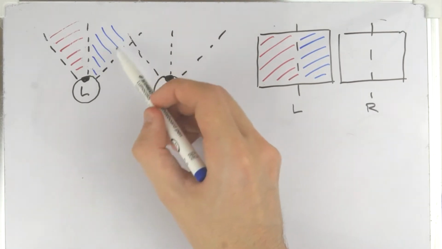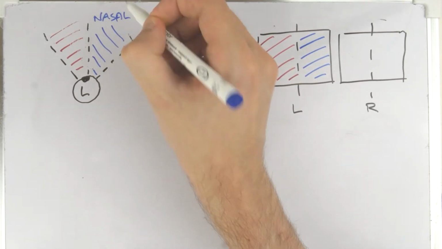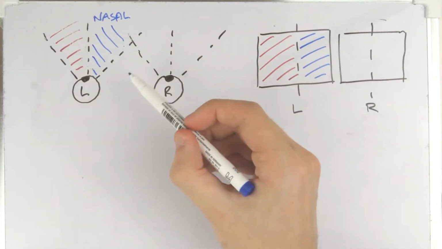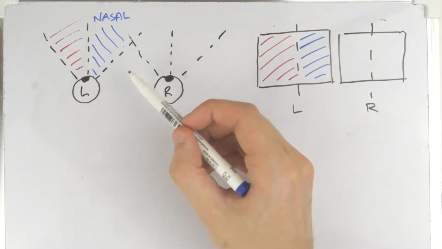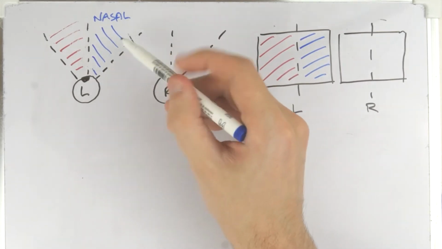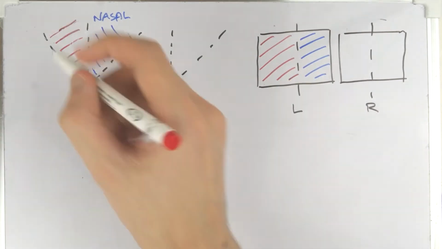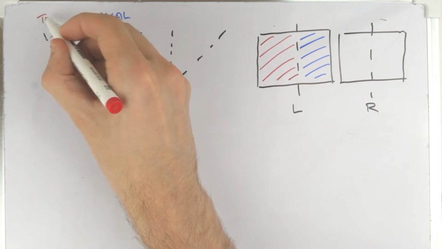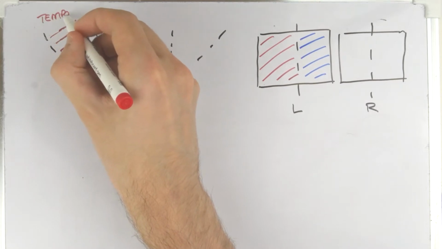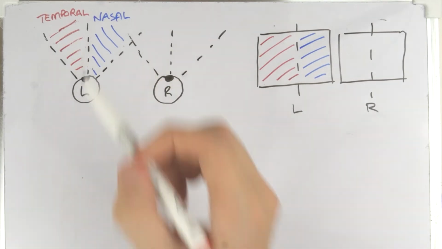So this blue one over here is what we call the nasal visual field, because between your two eyes, as I'm sure you're aware, around here somewhere sits the nose. So the visual field of the left eye closest to the nose is called the nasal field of vision. The red side of the left eye, because it's on the outside and therefore closer to the temporal bone, we call the temporal field of vision.